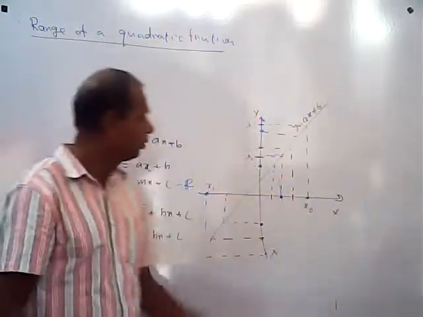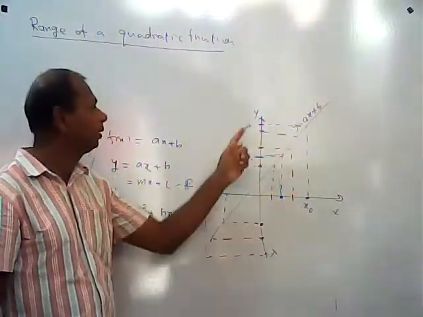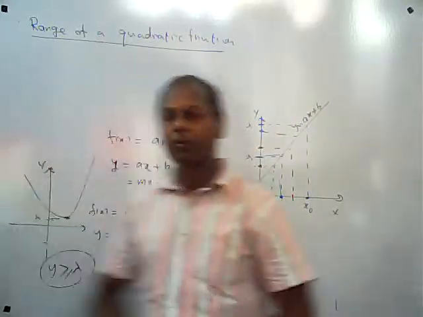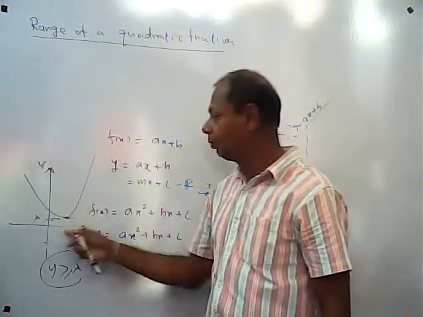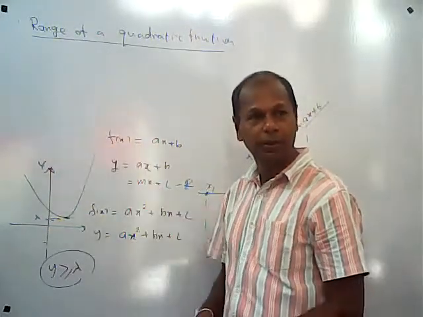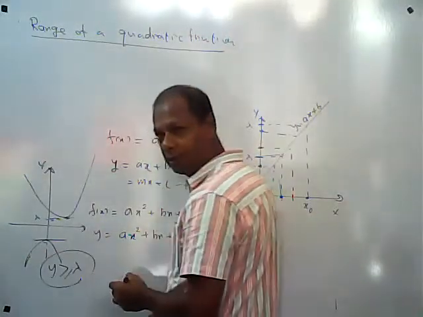Okay. So for a linear function like this, the range is R. But not for a quadratic, right? For a quadratic, all the values can be above some real value, or all the values can be below some real value.